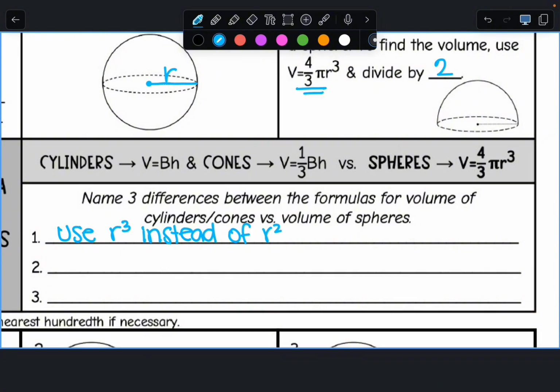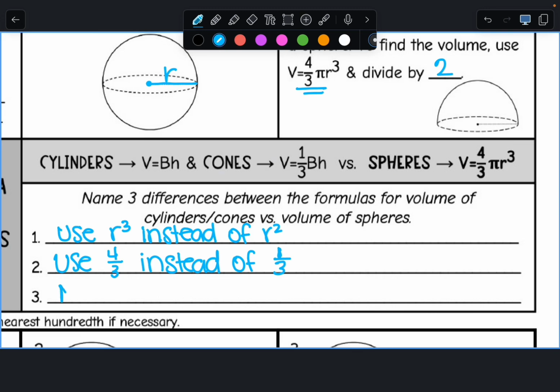What else? Okay. We use 4/3 instead of 1/3. So the fraction is different, the r is different. What else is different? There's no height.